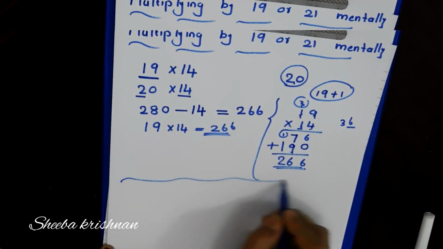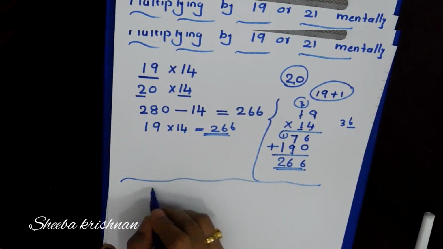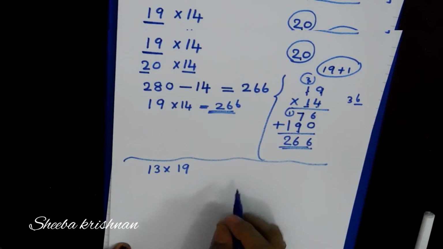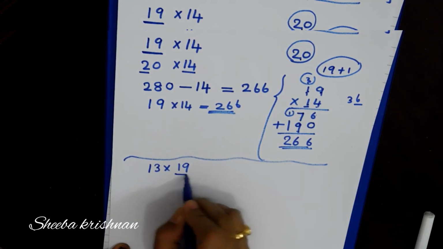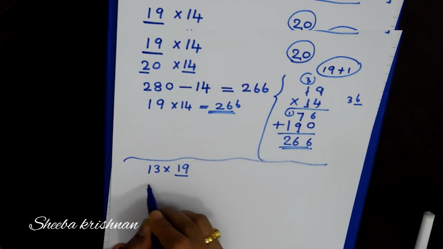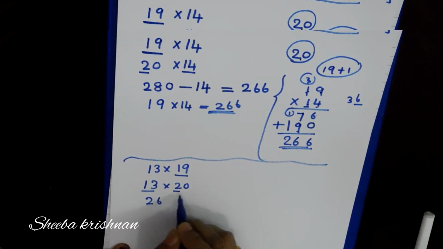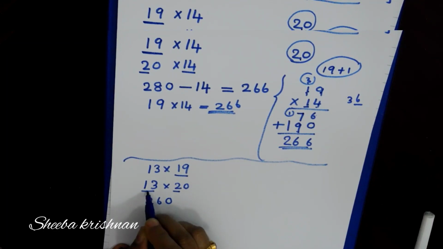Let us take another example. 13 times 19. So here also instead of 19 we will multiply it by 20 first. So 13 times 20. So 13 times 2 is 26. Then add the 0 to the right. So 13 times 20 is 260.